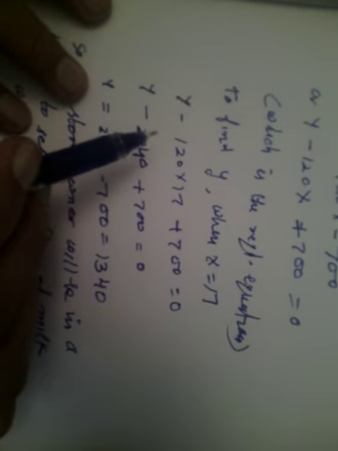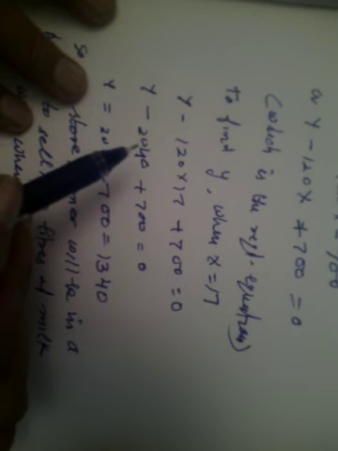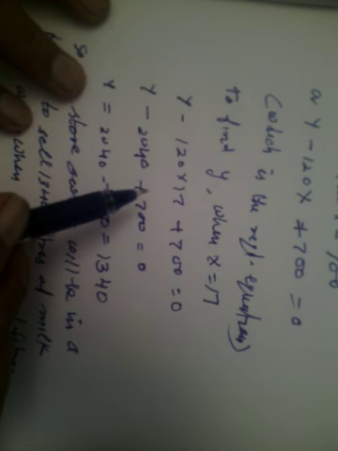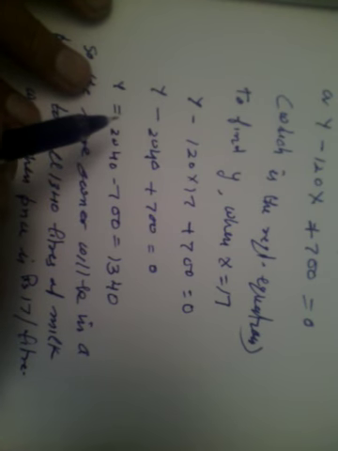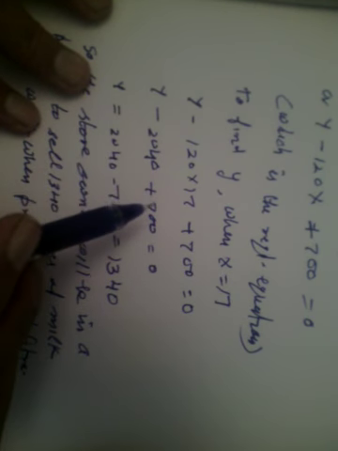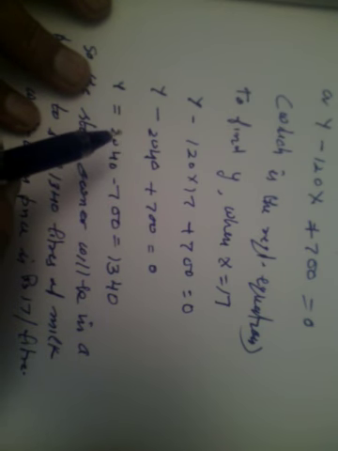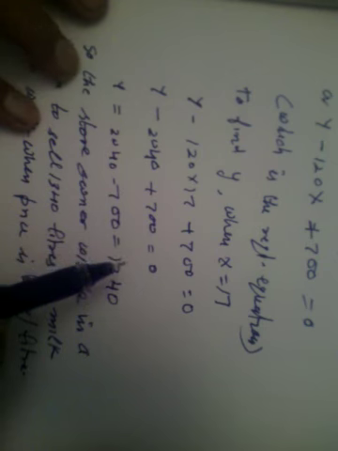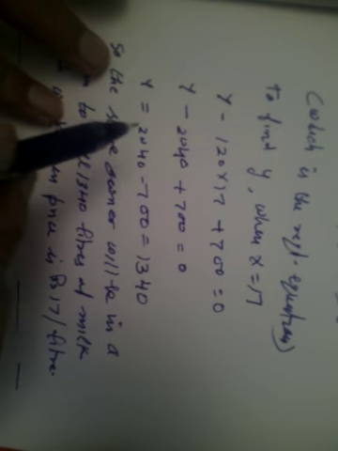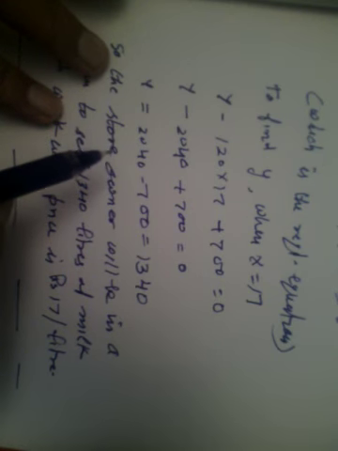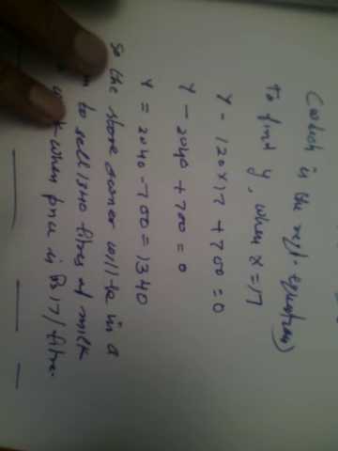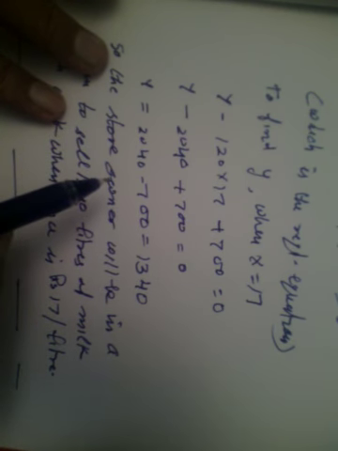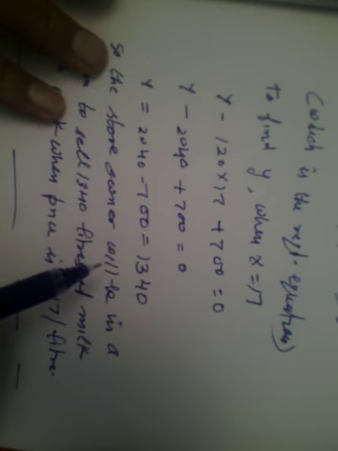We will be getting y minus 120 into 17 plus 700 is equal to 0, or y minus 2040 plus 700 is equal to 0, or y is equal to 2040 on the right hand side, and 700 becomes minus 700, is equal to 1340.